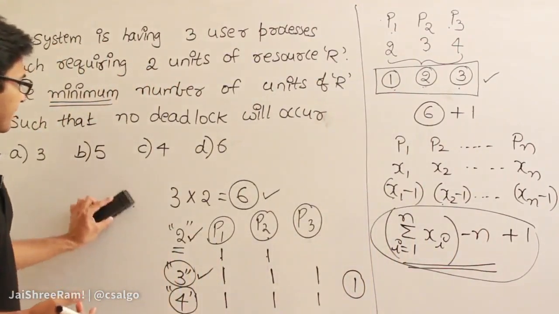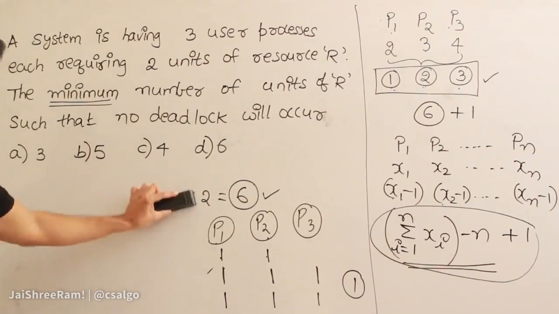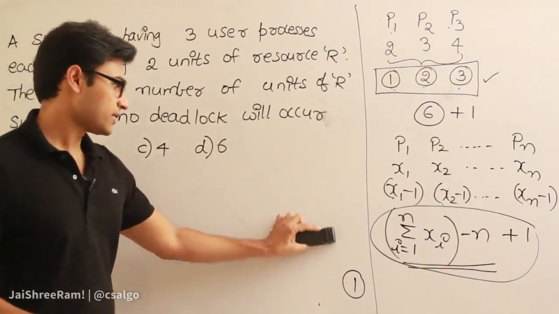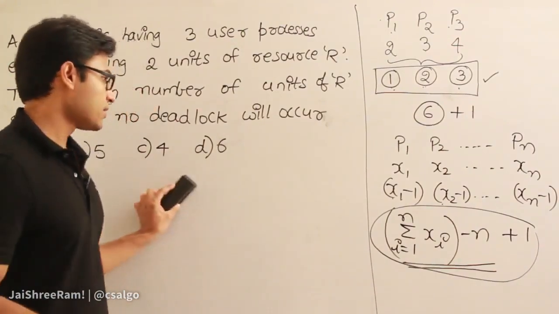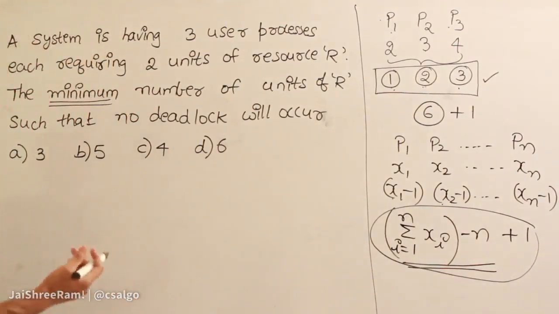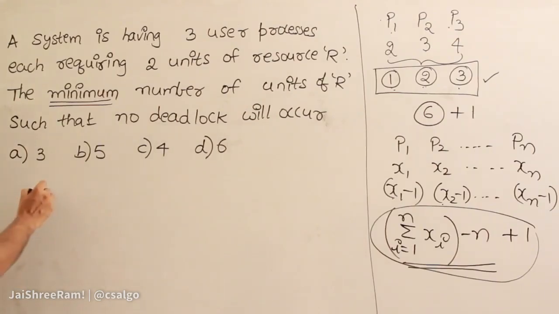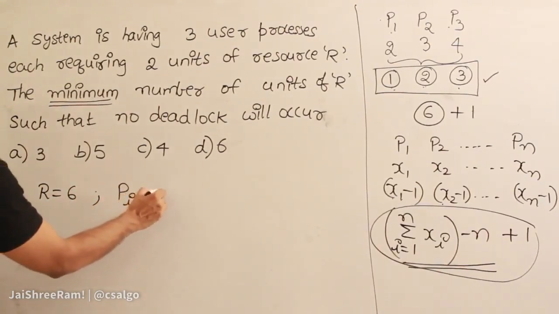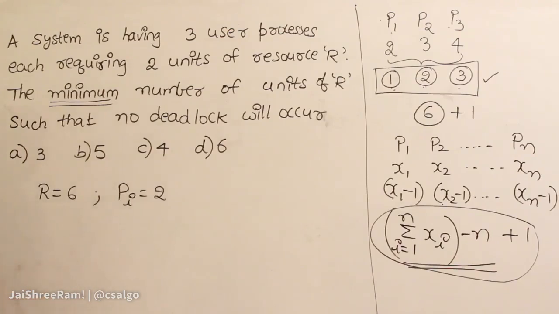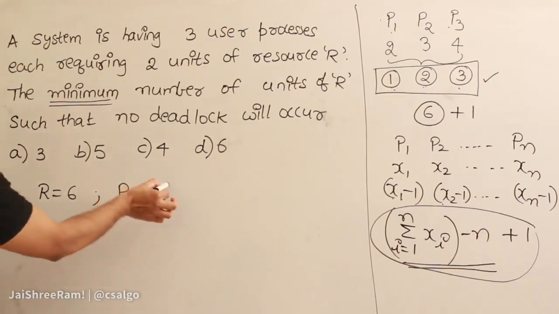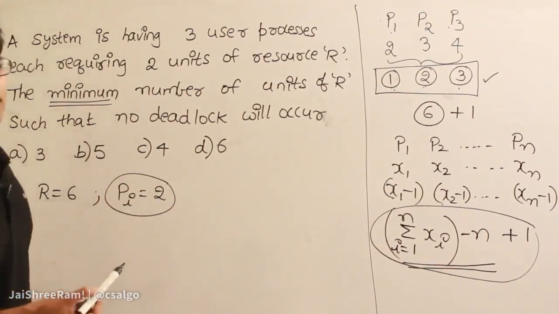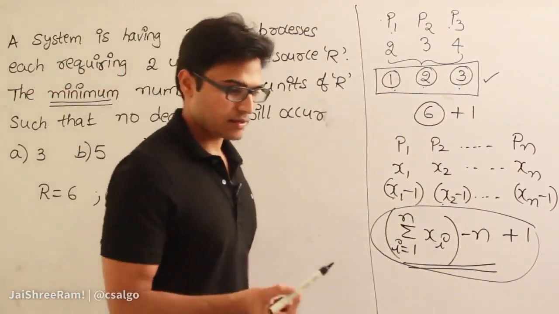They'll say that we have a resource with 6 instances, and every process requires 2 instances to finish its execution. Then how many processes can be present at maximum so that there will be no deadlock? Are you understanding this?